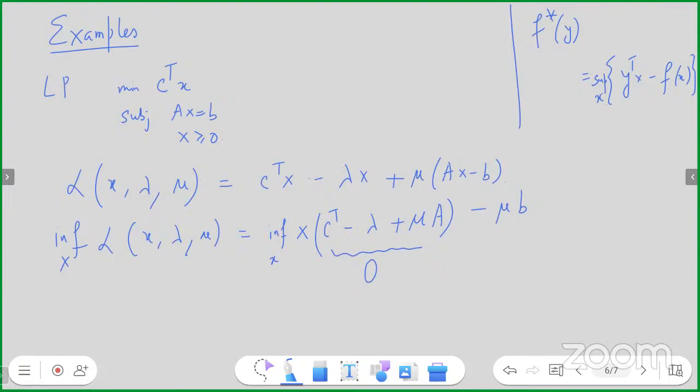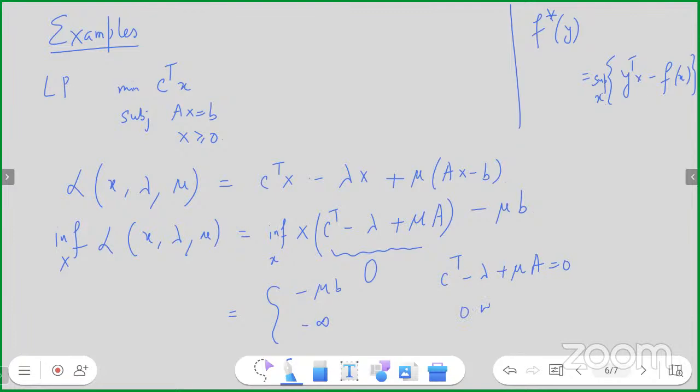You take plus, I will drive it to minus something. You take minus, I will drive it to minus. The only way there is a non-trivial answer is when this whole term is 0, for which the answer is minus mu times b. So this is equal to minus mu b when c transpose minus lambda plus mu a equals 0, and minus infinity otherwise.